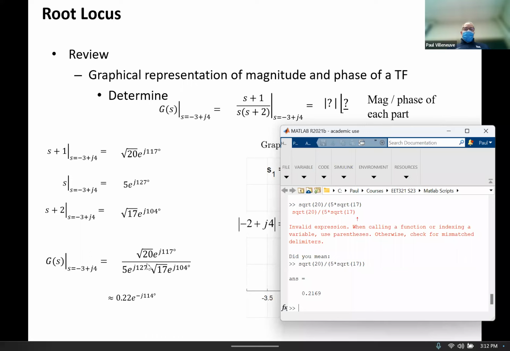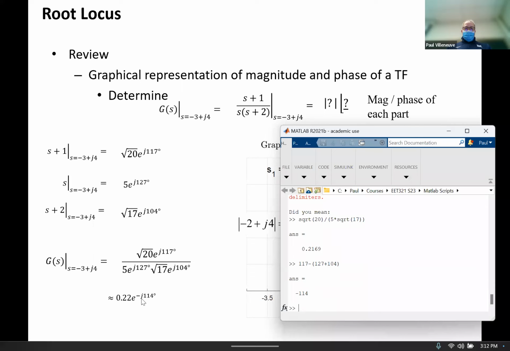I just divided the magnitudes. To get the angles, I'm going to go ahead and take 117 degrees and subtract from that the two terms in the denominator, 127 and 104. And I get -114. Okay.